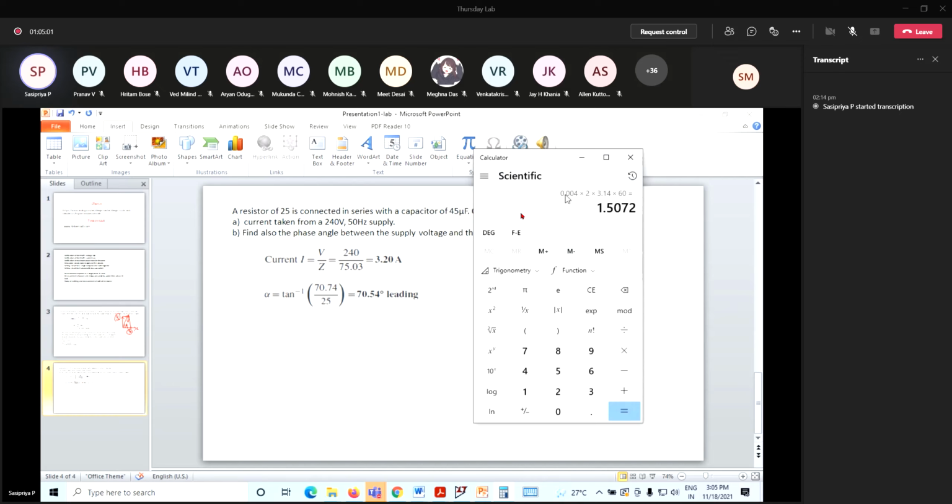Okay, so now this is my phase angle in radians. To convert it into degrees, multiply by 180 by pi. The value is 86.4 degrees. The phase angle is 86.4 degrees.